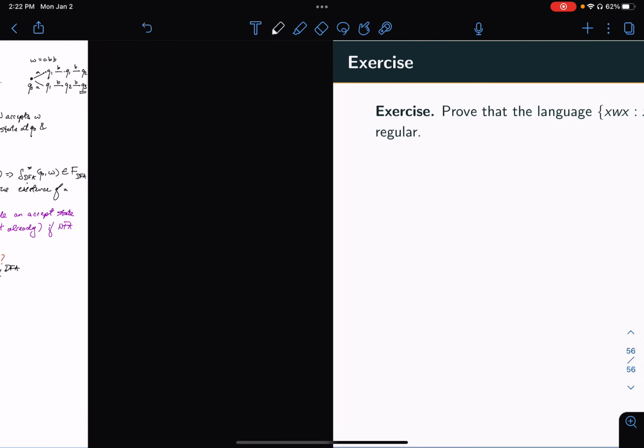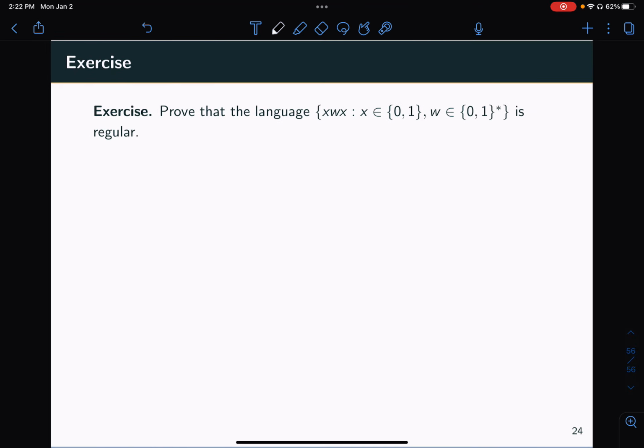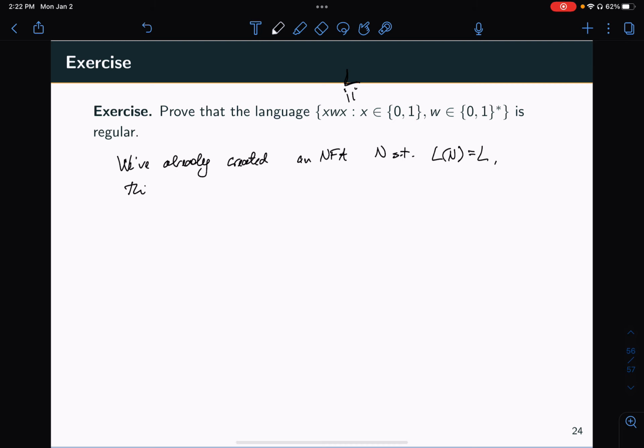In this exercise, where we're asked to prove that the language XWX is regular, because we've already created an NFA N such that the language accepted by N is equal to L, this already proves that L is regular.